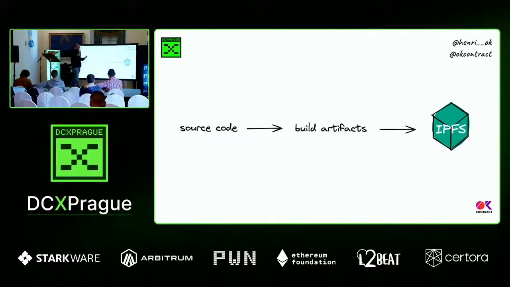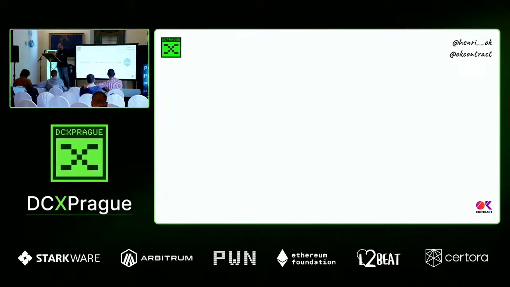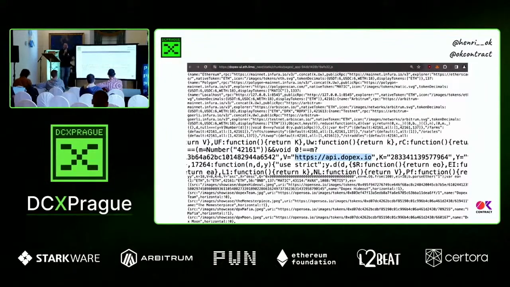So talking about frontends, we take the source code, which can be pretty big. We'll get back to this. We generate build artifacts, and then we store these artifacts on IPFS. But if we look a bit more precisely at the source code of these artifacts, which are now safely deployed on IPFS in a decentralized manner, and we look around it, we find some links to, let's say, an API.